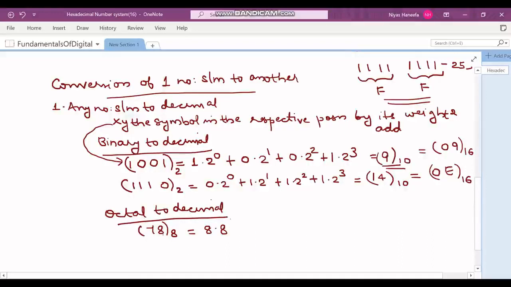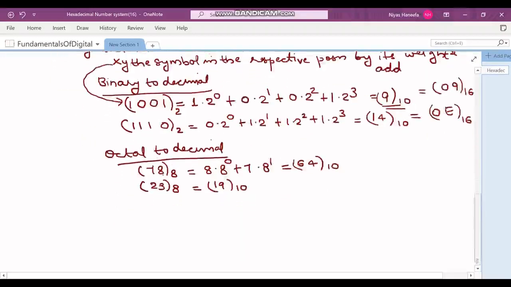The symbol is 8. 8 into 8 raised to 0, plus 7 into 8 raised to 1, which will be equal to what? 8 plus 7 into 8, 56, 64 in base 10. Then 23 to the base 8 in decimal number system. Understand? So try it out. What will be the value? The value is going to be 19.